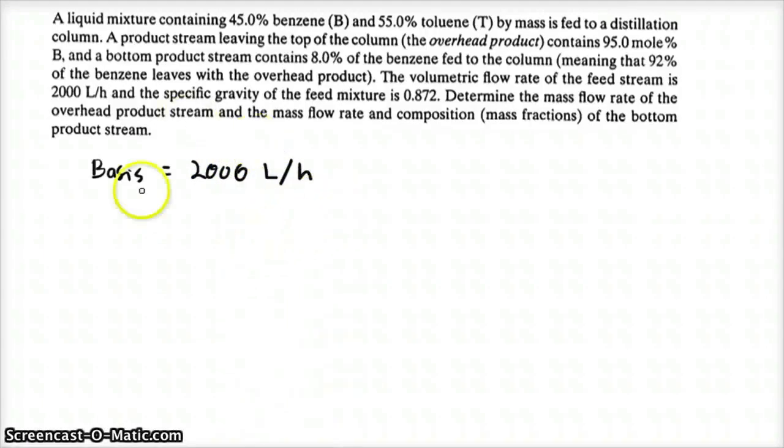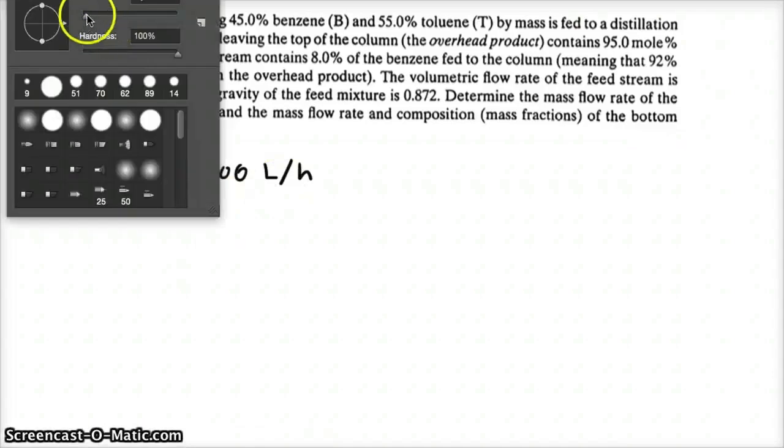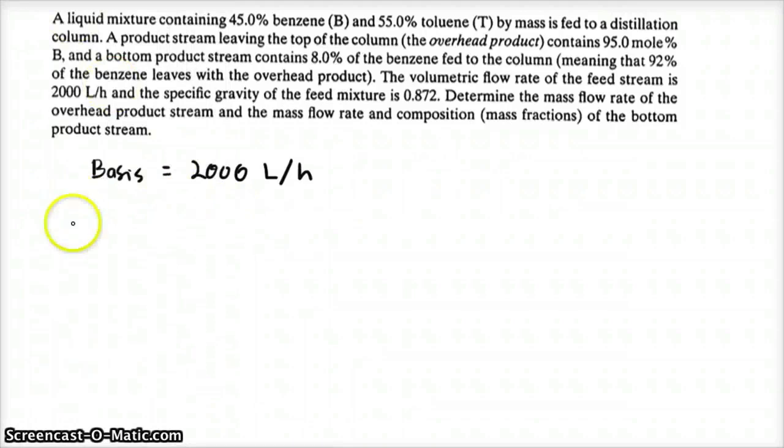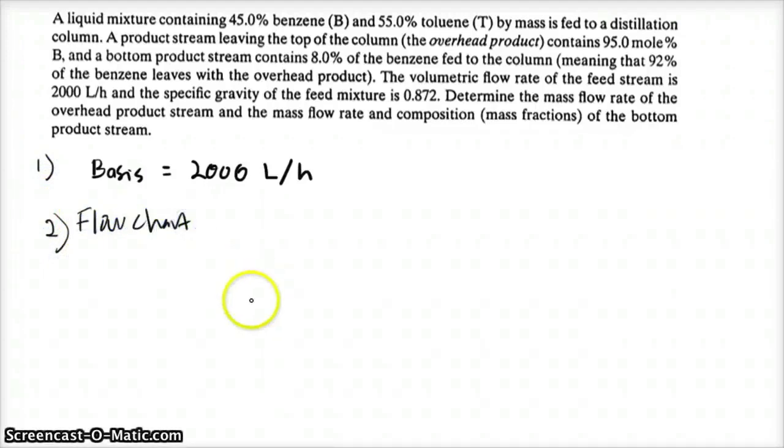And then we have to draw and label the flowchart. Let me just resize this. So that's first. Second is the flowchart. And it says here, a liquid mixture containing 45% benzene and 55% toluene by mass is fed to a distillation column.